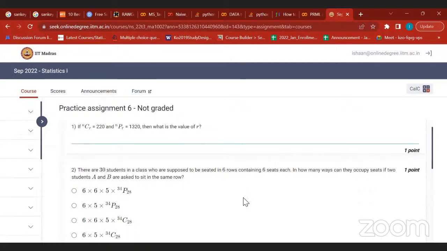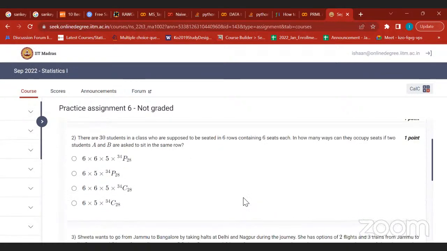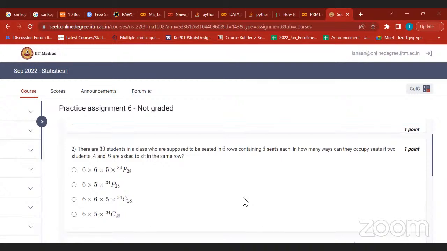Okay. Actually, up till 6 into 6 into 5, I have calculated that. So there are 36 seats in total, and the total number of students is 30.